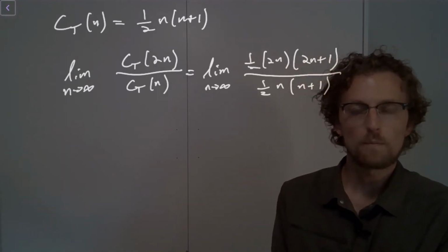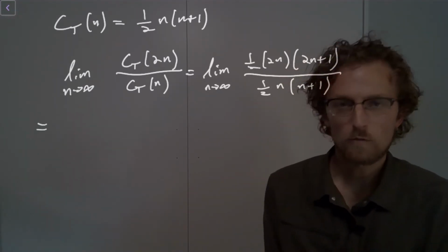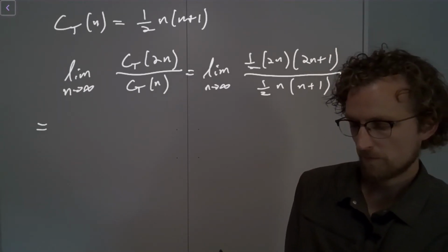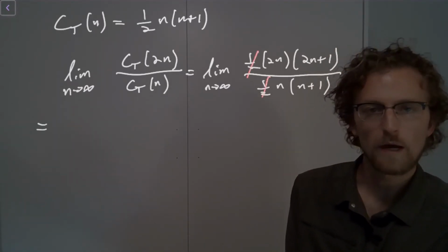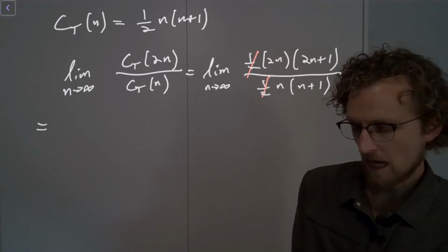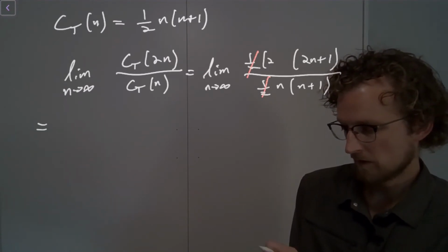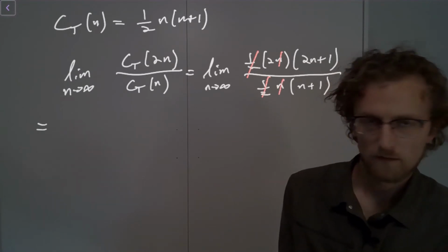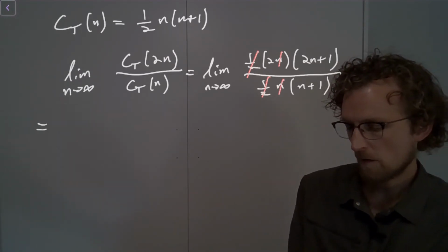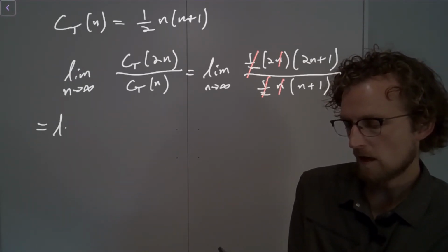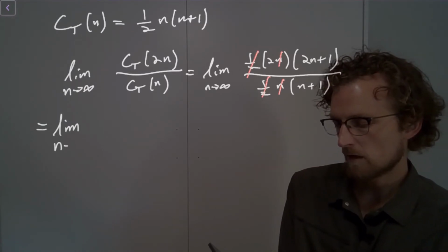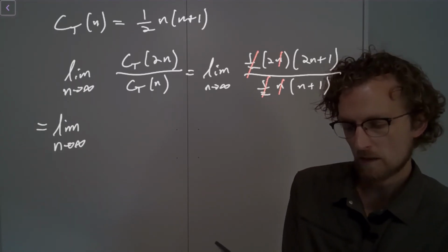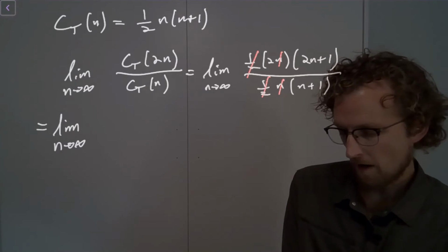So we can do a couple things immediately here. First, we can cancel the halves. Those go away. We can also cancel the n's. Okay, those go away. And so now we have a simpler expression. It's not everywhere simplified yet, but we're making some progress.